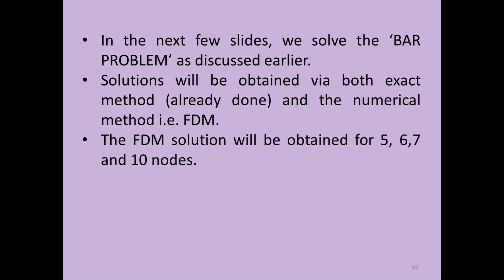We have obtained 5 equations for 5 noded discretization. Out of these 5 equations, 2 were the constraint equations and the remaining 3 were obtained when the difference approximation was applied at the remaining 3 nodes. So that gives you 5 equations. We have not obtained the solution, but we have derived the equations.